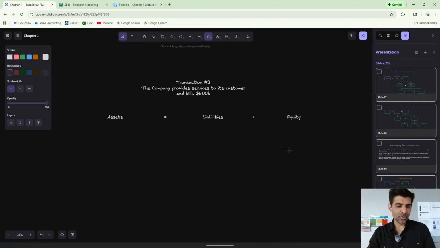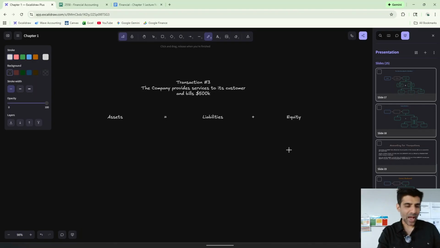The company provides services to its customers and bills 500,000. Okay, so what are we? This is a little tricky. What are we getting? What are we receiving? What is that? Promise to be paid. What do we call that? I think we did mention it when we talked about assets. What is it? Accounts receivable.